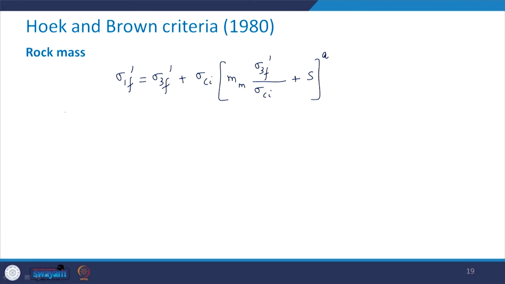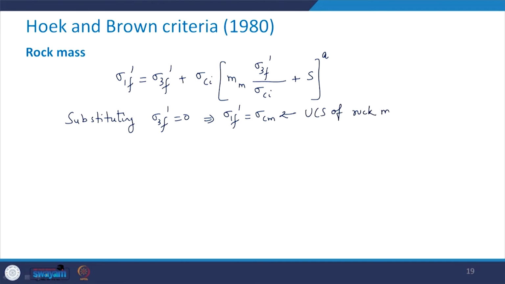Now you just substitute sigma 3 prime equal to 0. So what we are going to get is sigma 1f prime will be sigma cm, which is UCS of the rock mass. So just substitute it here and see what you get.